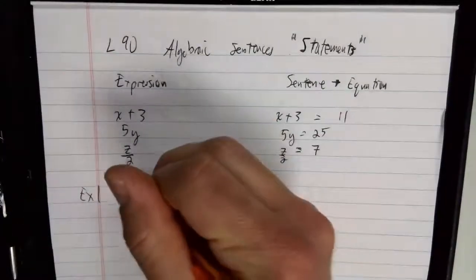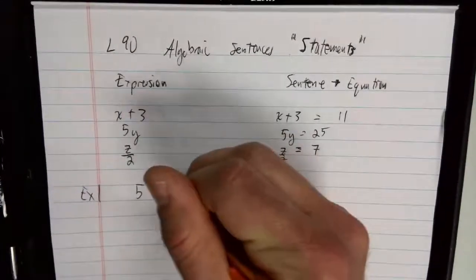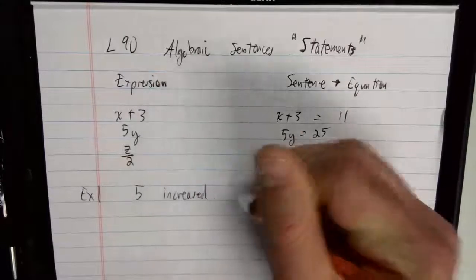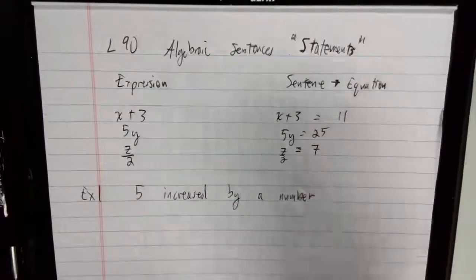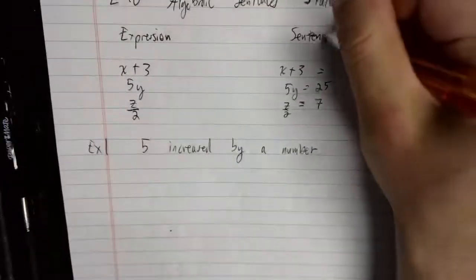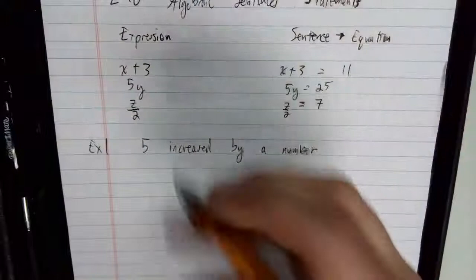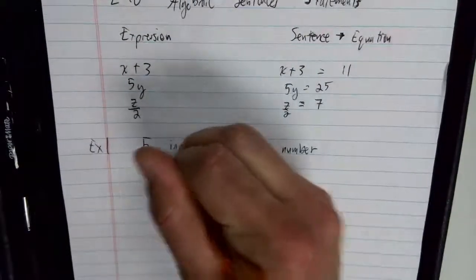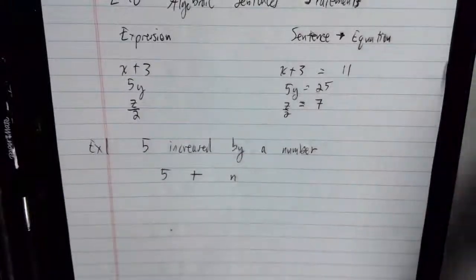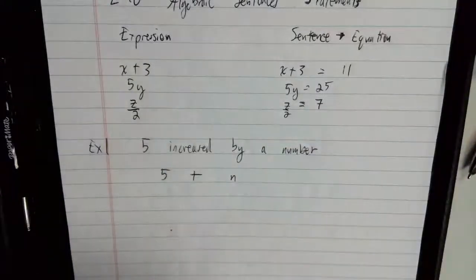So, 5 increased by a number. We talked about some clue words. Increased meant add. So 5 increased by a number. That's not so bad.